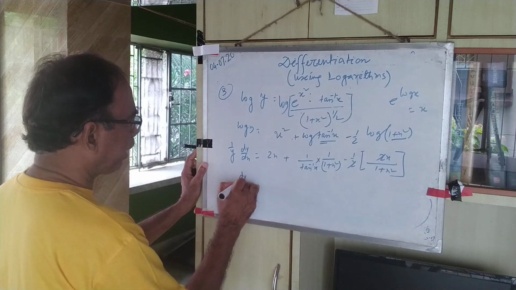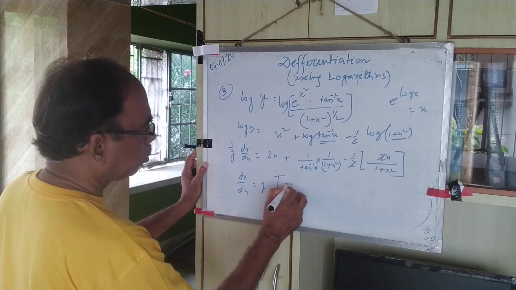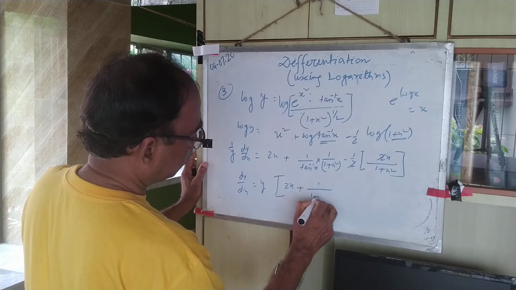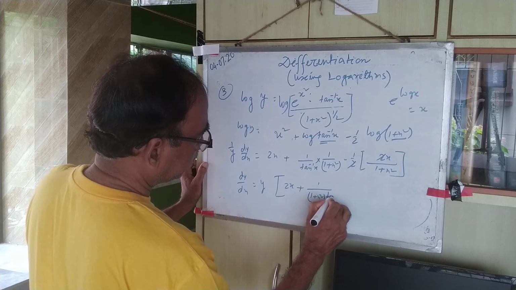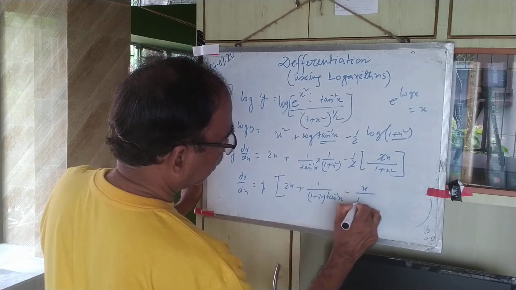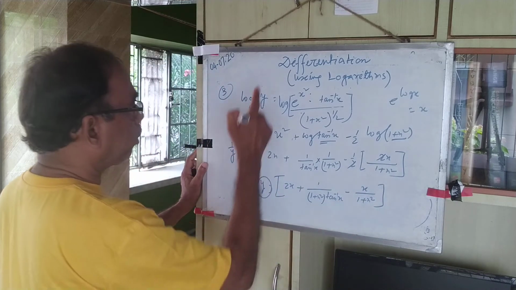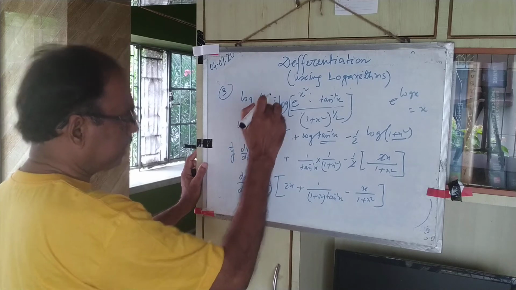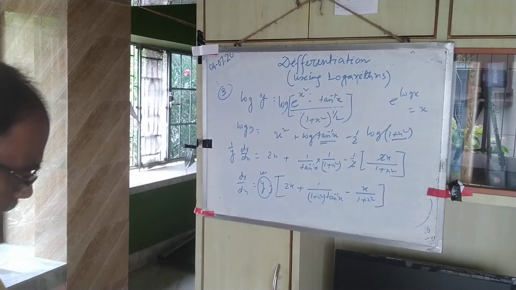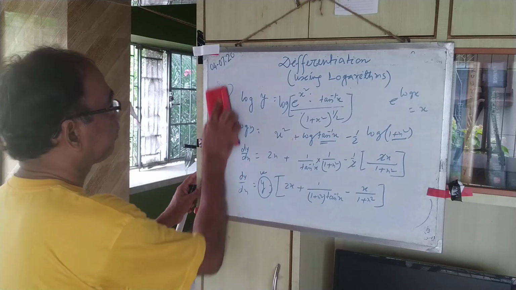Then dy by dx equals y into [2x plus 1 by ((1 plus x square) tan inverse x) minus x over (1 plus x square)]. Then put the value of y from before, and that is the required differentiation dy by dx.